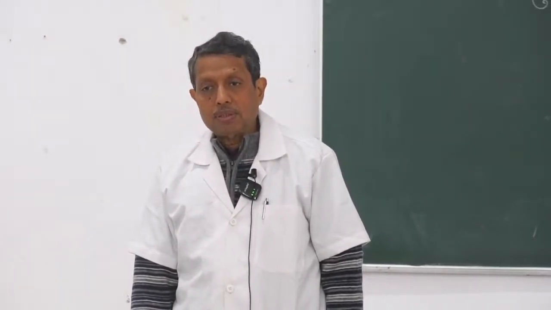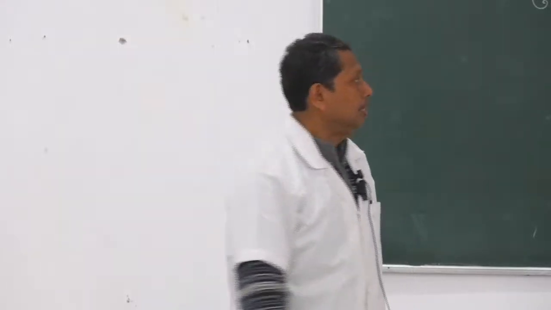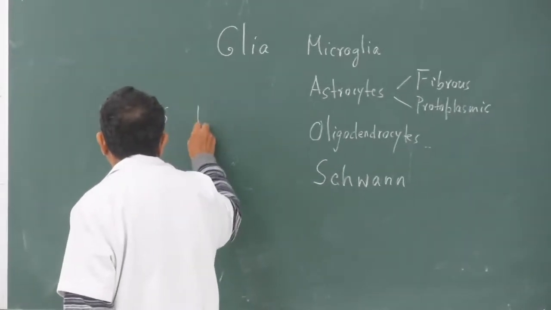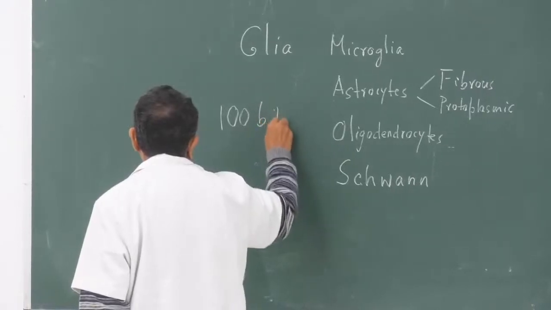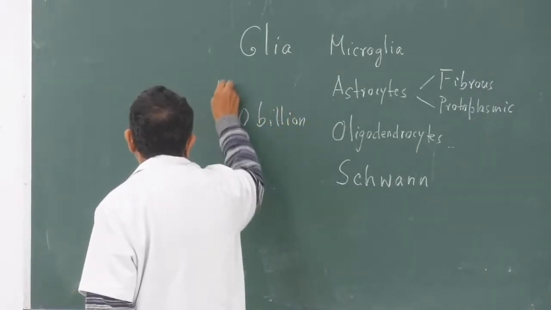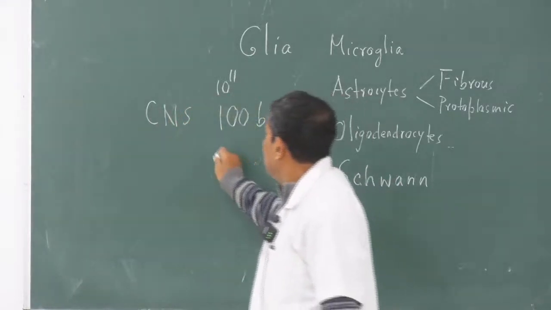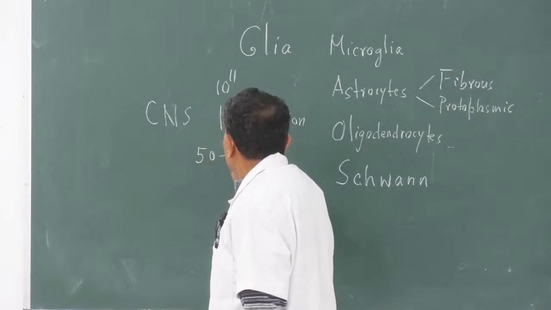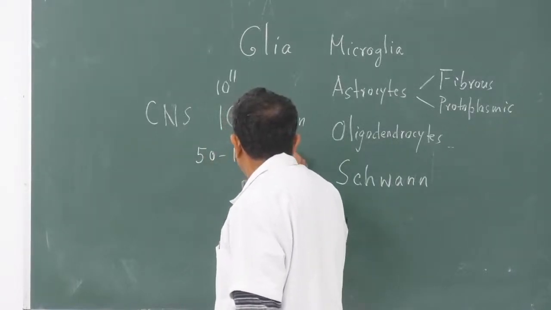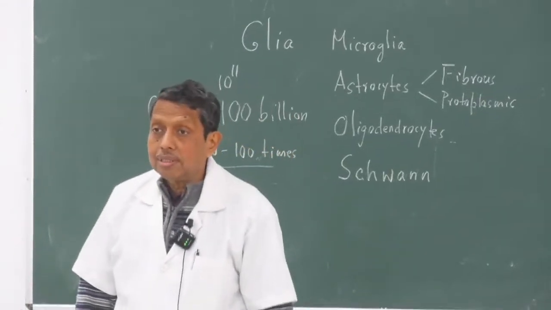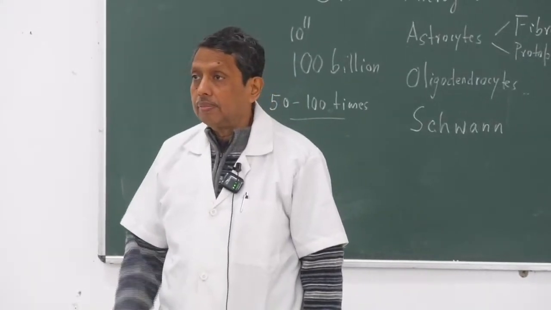In the central nervous system, there are 10 to the power 11, 100 billion neurons, and glial cells are 50 to 100 times that. Huge number.